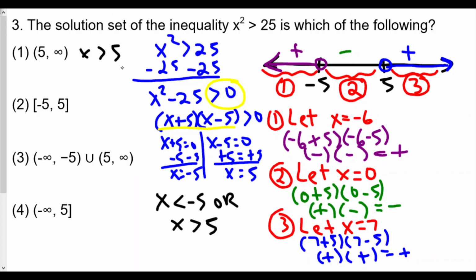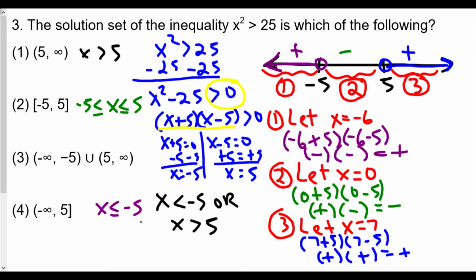The brackets mean we're including the values, so that would be from -5 inclusive to 5. And honestly, those two don't work here. For number 4, this would be for all values of x less than or equal to -5, which we don't have in this case.